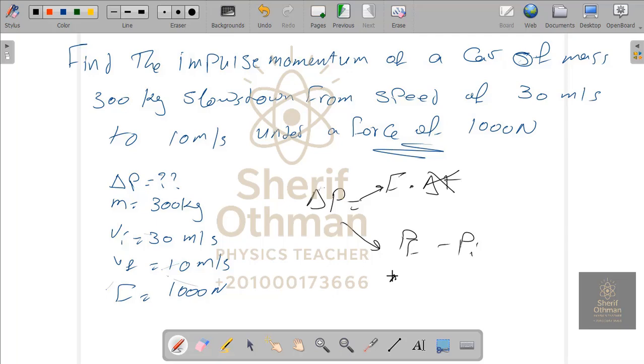So we can say that M V final minus M V initial, which will be M times V final minus V initial. M is provided by 300 kilogram, while V final minus V initial is 30 minus 10. So 20 multiplied by 300, it will be 6000 kilogram meter per second.